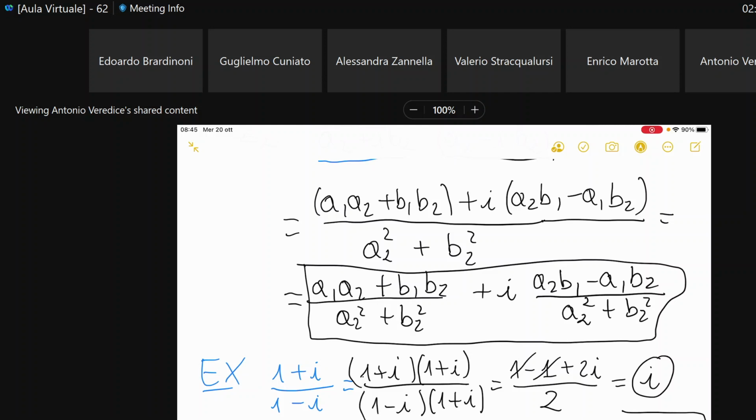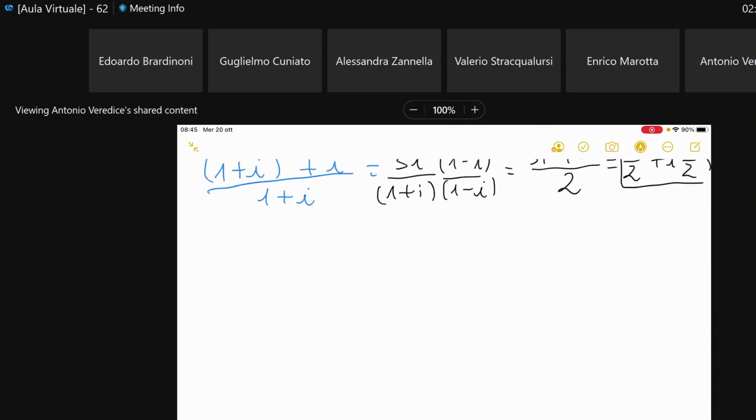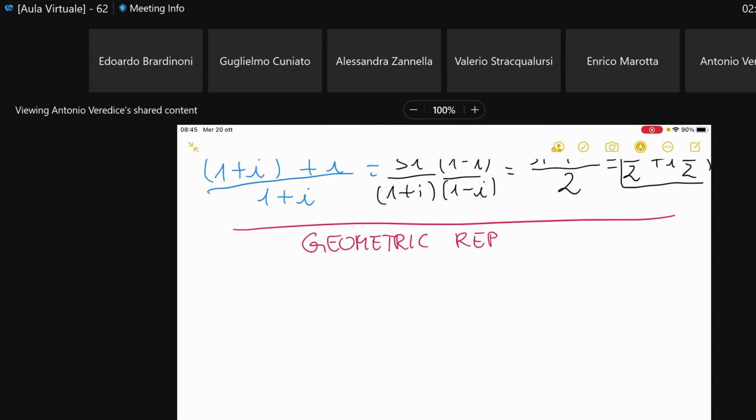So let's go on. The next step is, let's go back to the geometric representation that I gave you before. The geometric representation of complex numbers has another important feature.